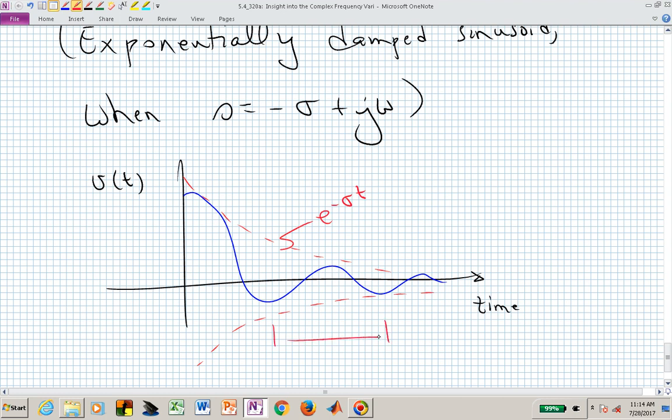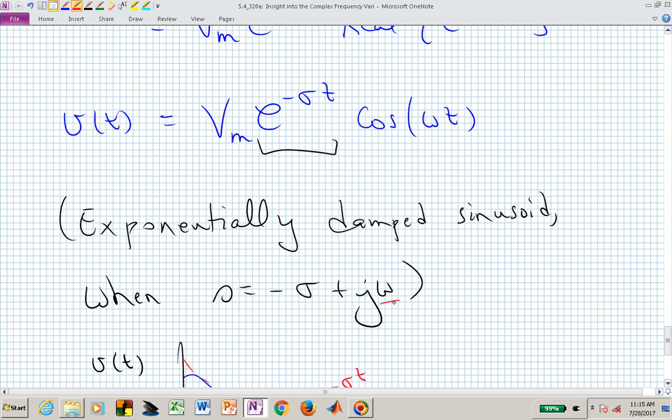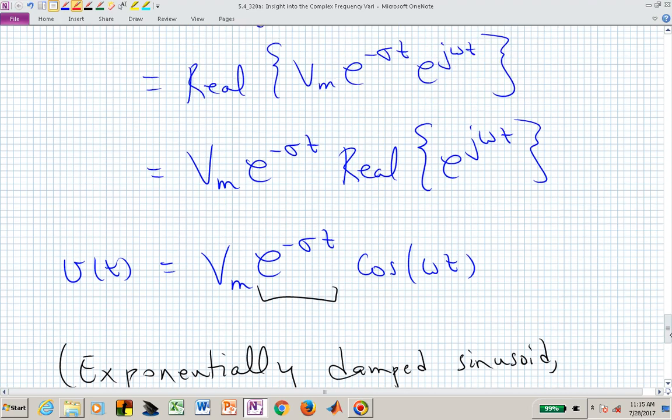So here, our period of oscillation is related to omega. Omega is 2 pi f, and f and T are reciprocals. So if we find the period of that oscillating waveform, we now know its frequency omega, the imaginary part of our complex number s.